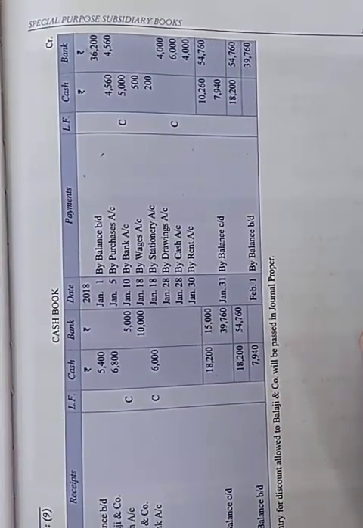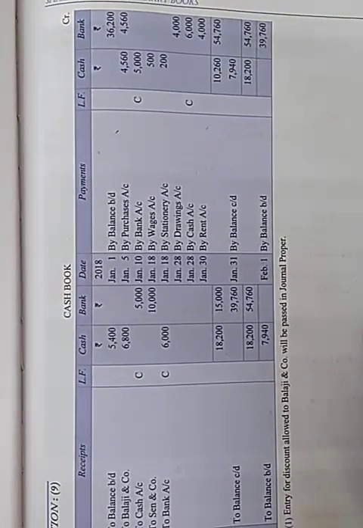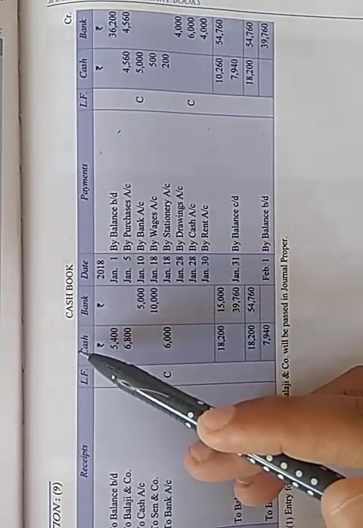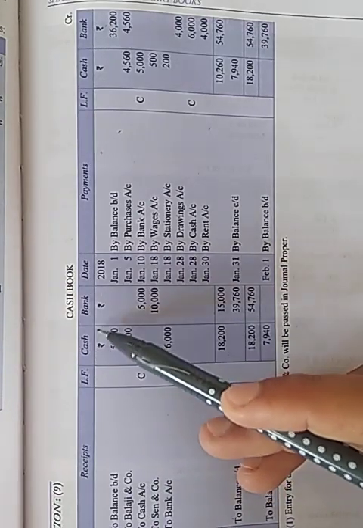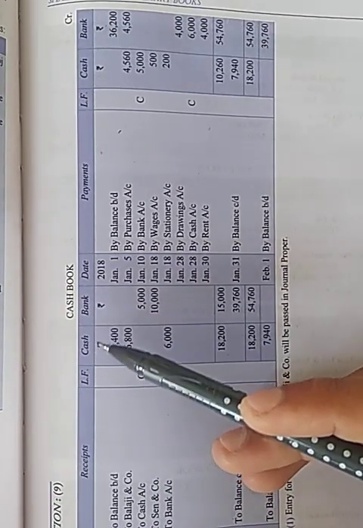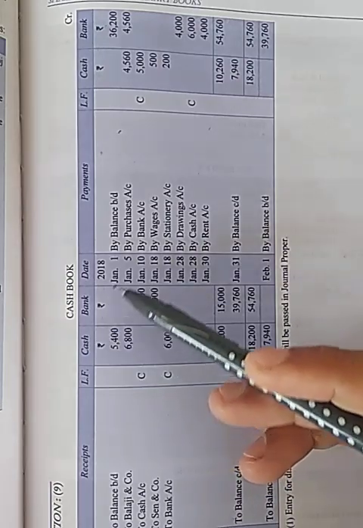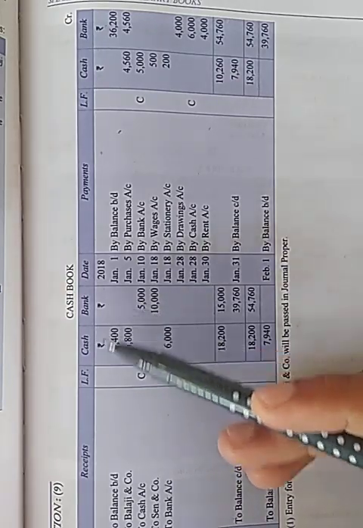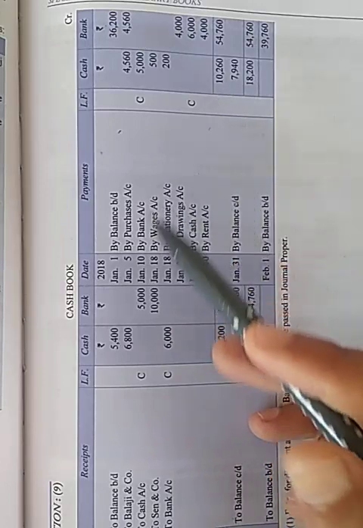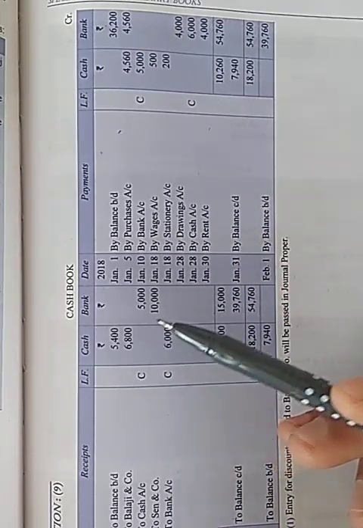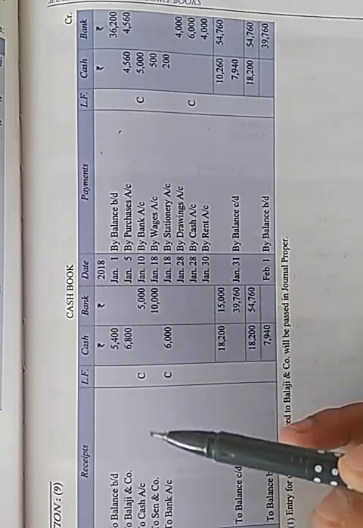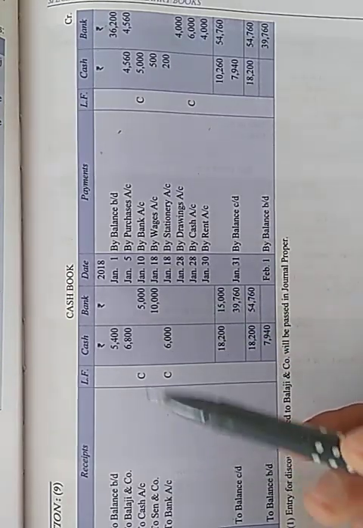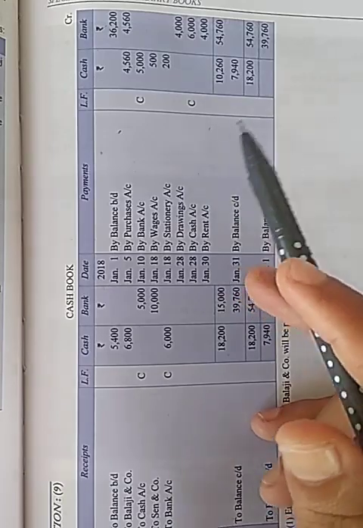So see, the first book here is the cash book. In this question, cash and bank columns are also given, and cash and bank transactions are also given. So I have prepared a double column cash book, and those transactions which are related to the cash book will be shifted to either the debit or credit side of the cash book.